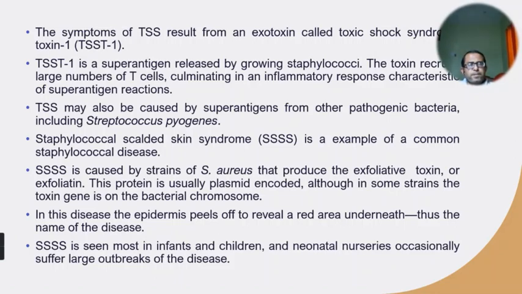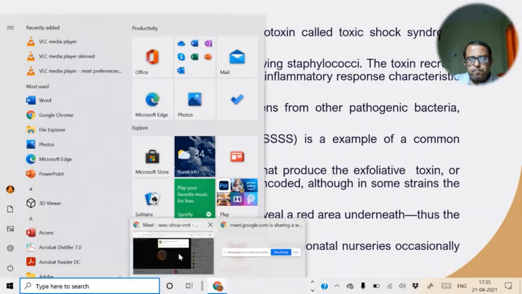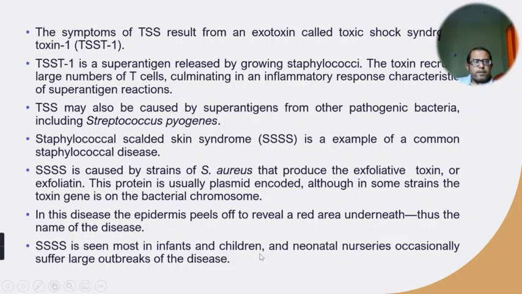That's why the name staphylococcal scalded skin syndrome is given. It is seen most commonly in infants and children, and is also found in neonatal nurseries, which occasionally suffer large outbreaks of this disease.